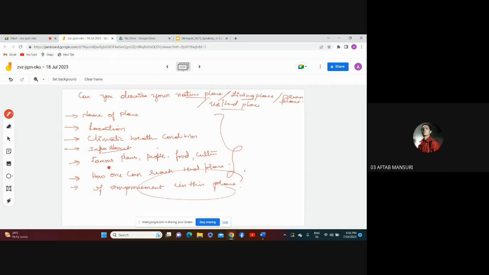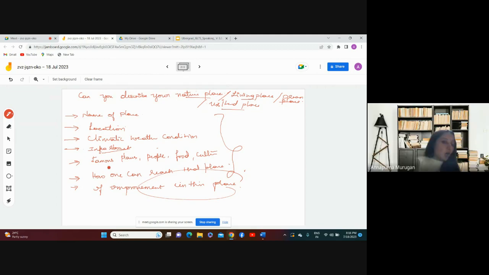When you're speaking about the place that you're going, it's not just only for the work we are going there. So you talk about where it is located, climatic conditions, weather conditions, what the infrastructure is. You can say that New Zealand has state of the art infrastructure, so it is a well developed place.